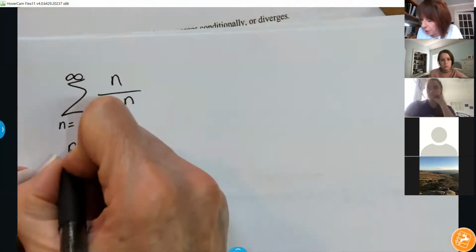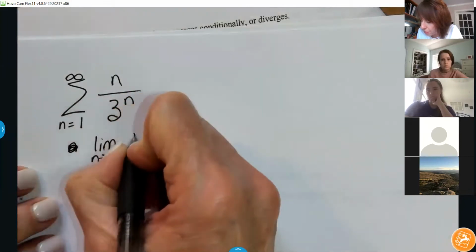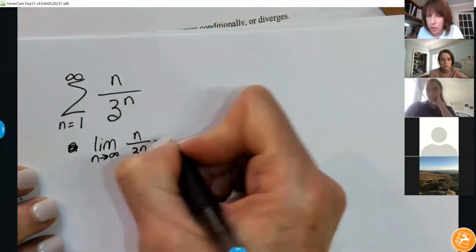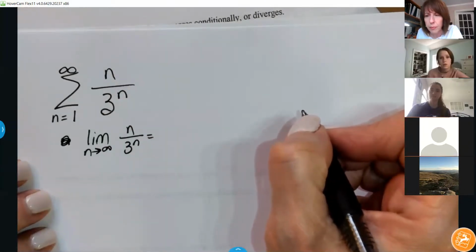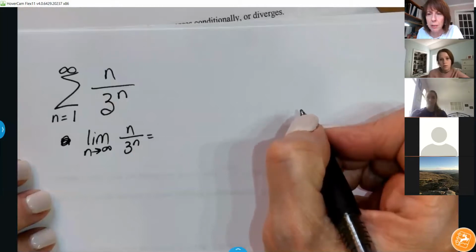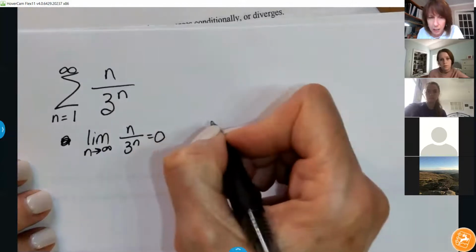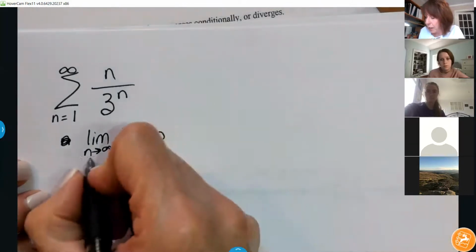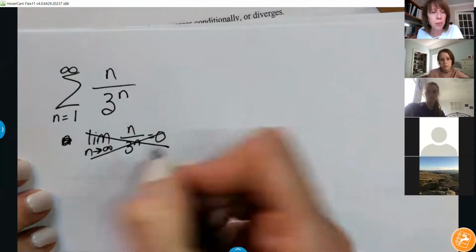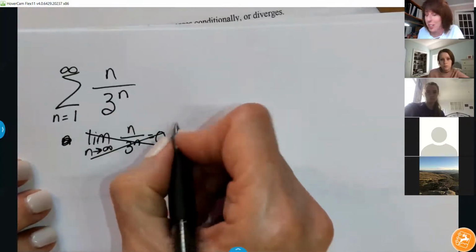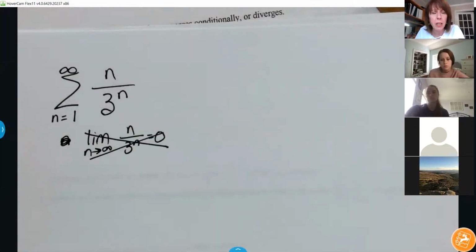If you try the nth term test, what do we get? What is that limit? 0. Yeah, we do get 0, which means we can't use the nth term test. If you try it and you get 0, you can't use it. We just want something that's not 0 there. So we try another one.